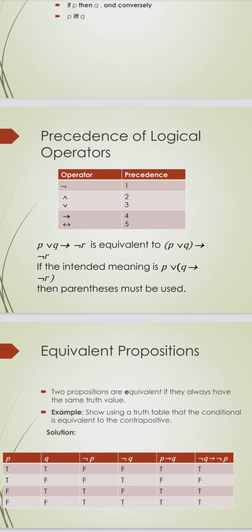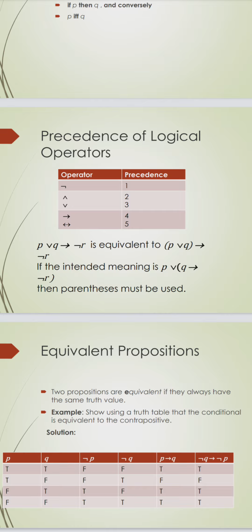Precedence of logical operators. The operators are negation, and, or, implies, and biconditional. The precedence value of the negation operator is 1, the and operator is 2, the or operator is 3, the implies operator is 4, and the biconditional operator is 5.